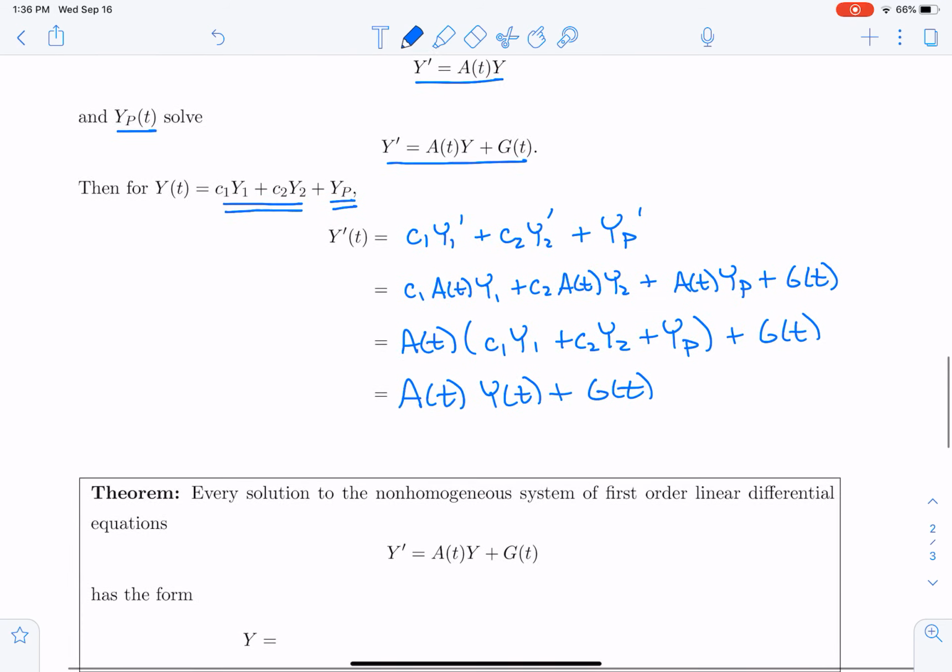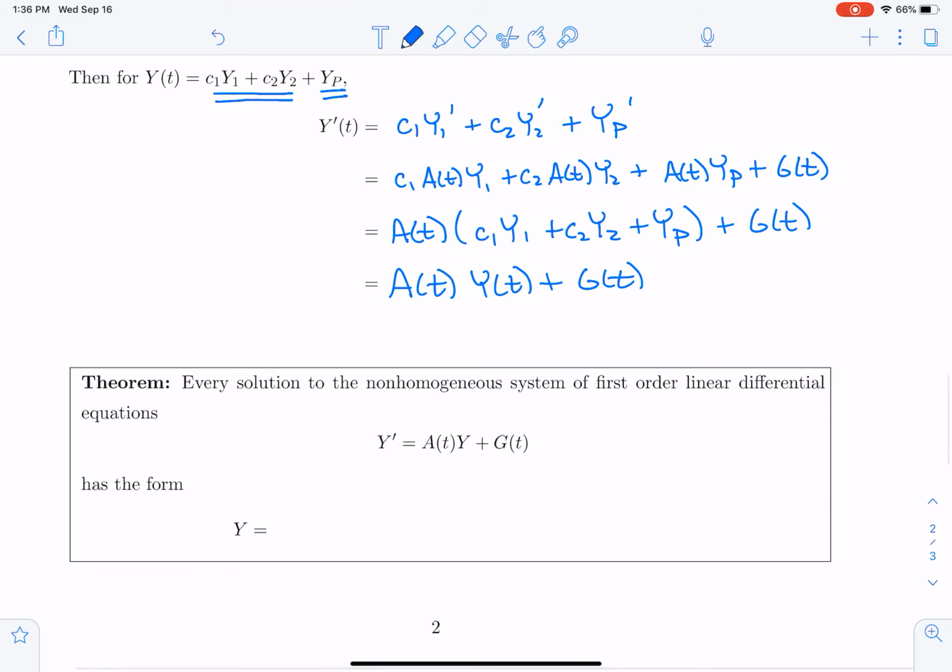So here we have a theorem that we've just proven, that every solution to the non-homogeneous system of first-order linear differential equations, y prime equals A of t y plus g of t, has the form, what I like to think of as the homogeneous solution plus a particular solution. In this case, that is c1 y1 plus c2 y2 plus a particular solution.